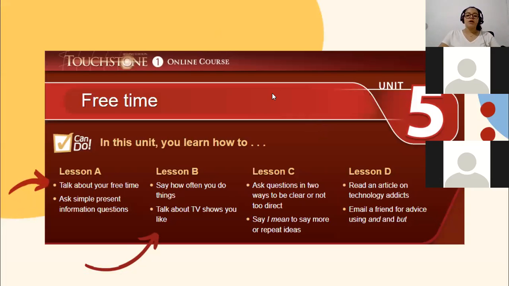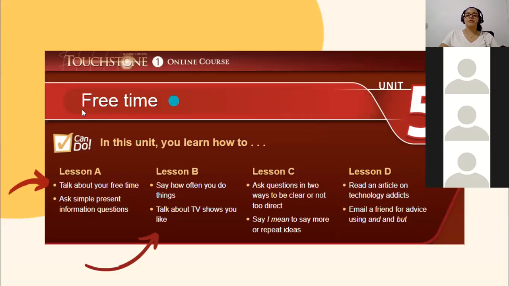Excellent. So we are in Unit 5. The name of this unit is Free Time. Today we are going to check Lesson A and Lesson B. Judy, can you help me read what you're going to learn in Lesson A?